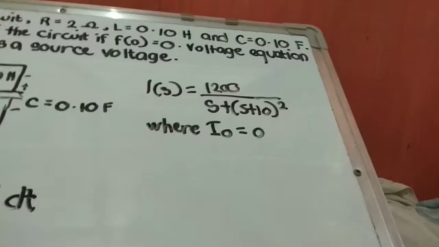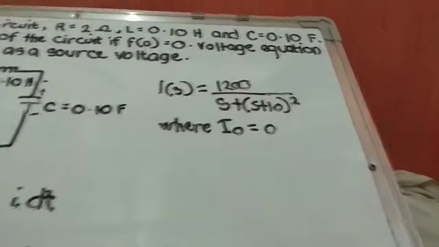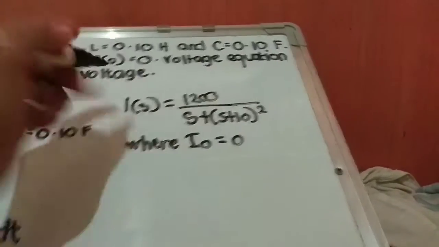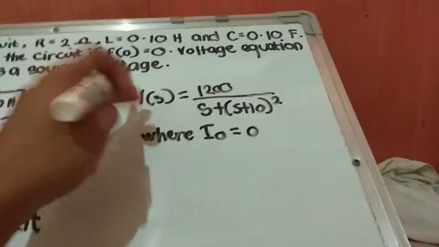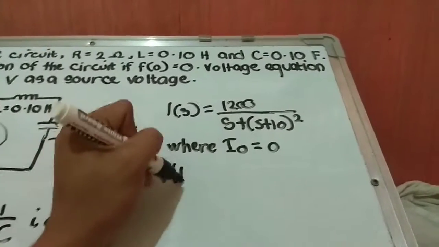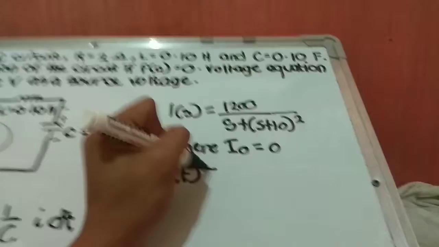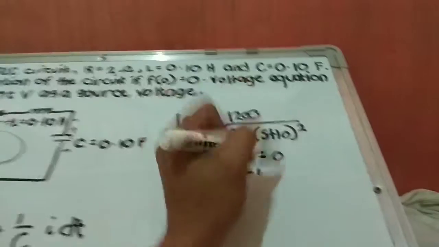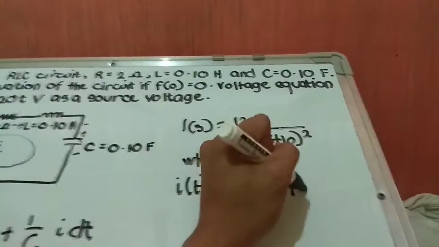Finding the current in terms of time, we need to have an inverse Laplace, so we will have an inverse of this. So i in terms of time is equal to inverse Laplace of I(s).